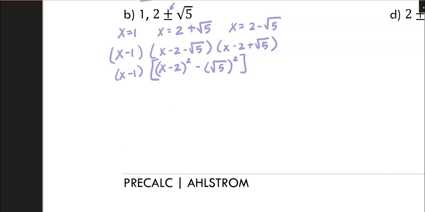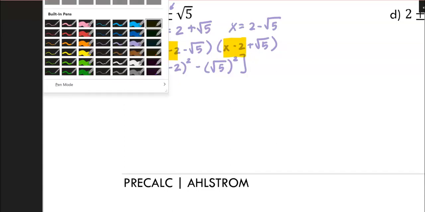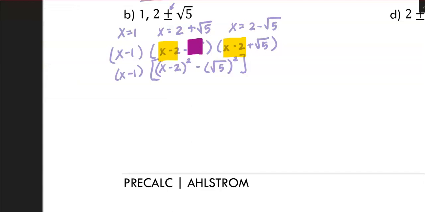So we have x minus 2 and an x minus 2. And then we have a minus square root of 5 and a square root of 5. And once again, if you compare it with x minus 3 and x plus 3, that's going to end up as x squared, or you can square that first term, and then a difference between that and 3 squared.